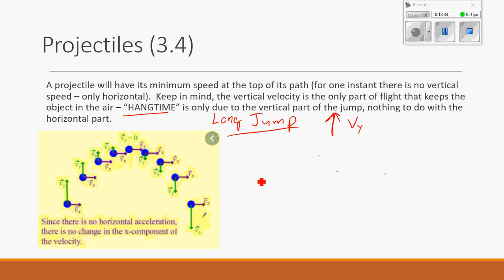So we're going to take a couple jumpers here. So this will be the picture for both jumpers. Okay, so this is the long jumper. And he's right at the edge of the board there. Okay, and he's going to take off and he's going to jump. Now notice this y velocity right here. First of all, we got to make sure that our velocity in the x direction is constant.